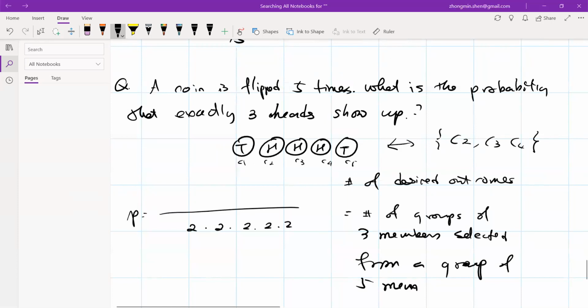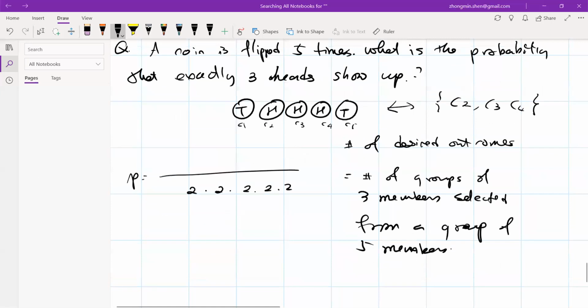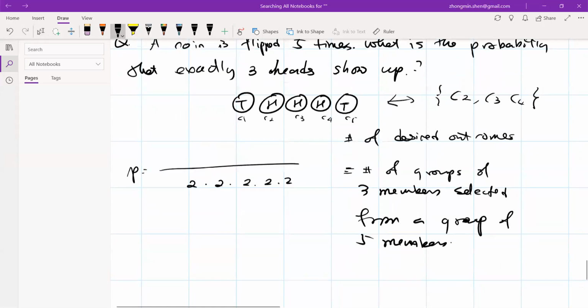So this becomes the so-called committee problem. There is a correspondence here: if 3 of the 5 members C1 through C5 are selected, they will be given H and stay in a row. Then you see a pattern like H, T, T, T, H.